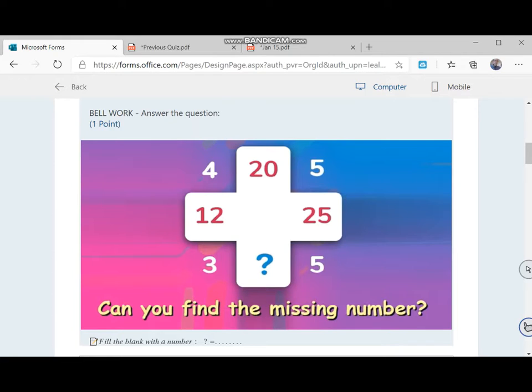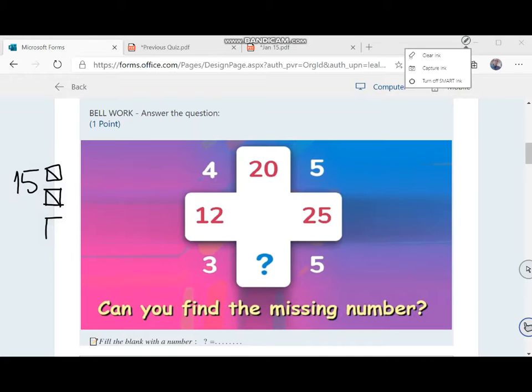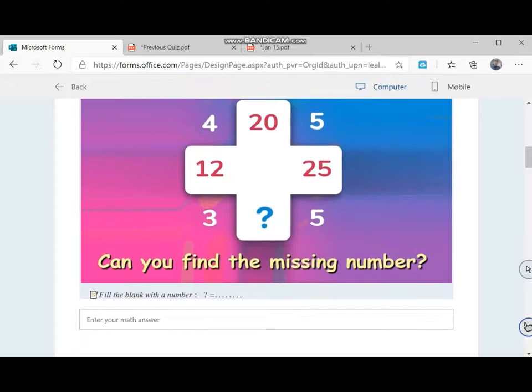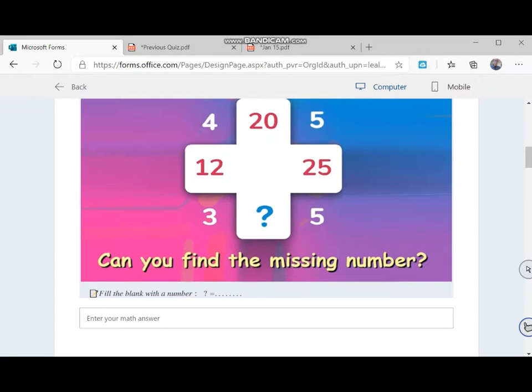Try to find the missing number. What do you think is the right answer? Well, let's check what's the right answer here. And I think you got the right answer. You all voted for 15. We need to find harmony. We need to find balance, right? So check out what's the number that will make sense.